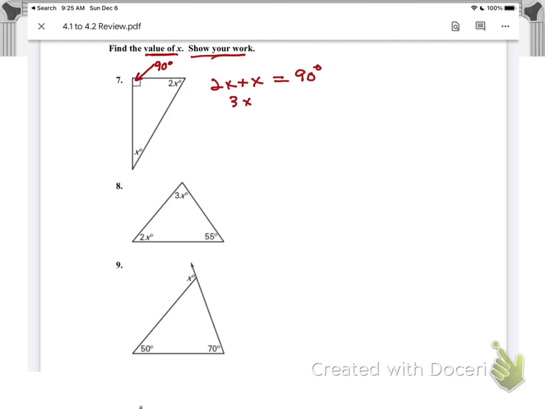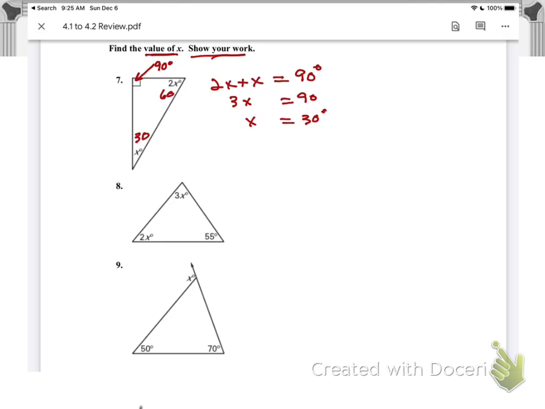Combine like terms. X will be 30 degrees. So now what I would suggest that you do, plug in this 30, 2 times 30 would be 60, just to verify that you do indeed have a triangle that sums to 180, and you do.